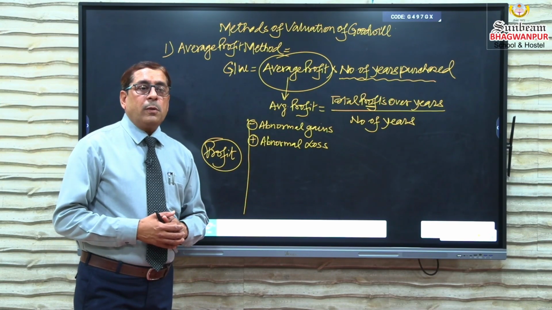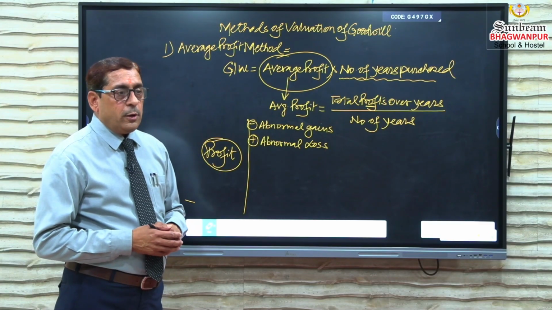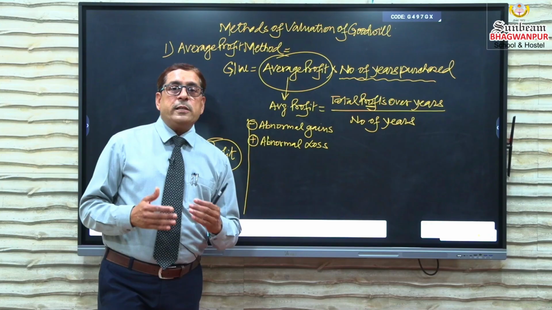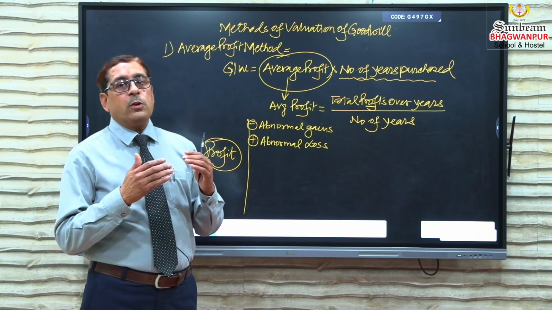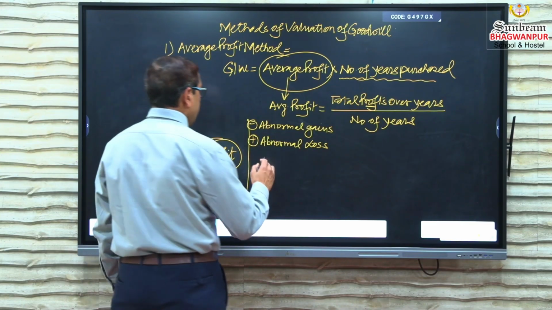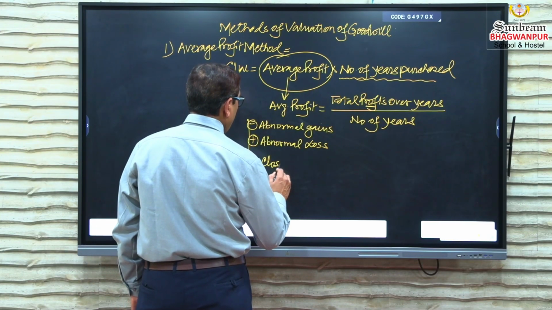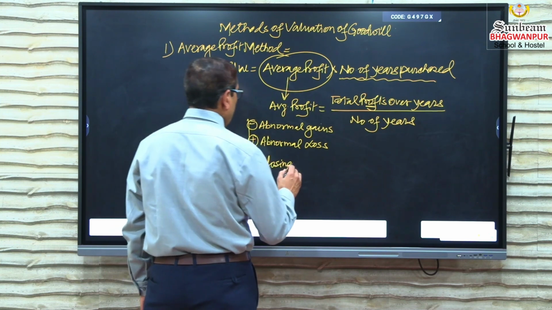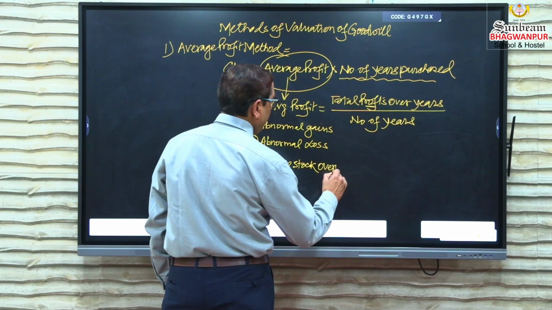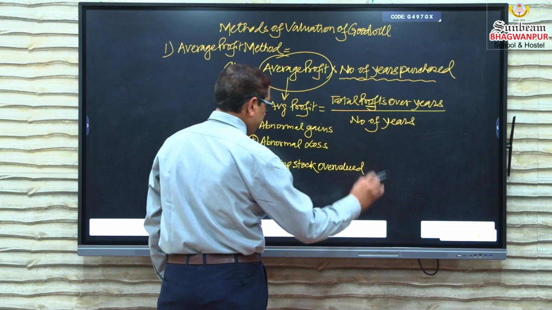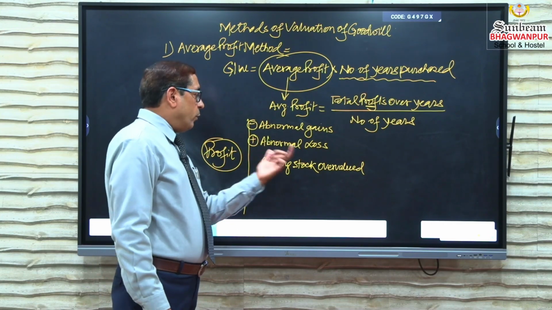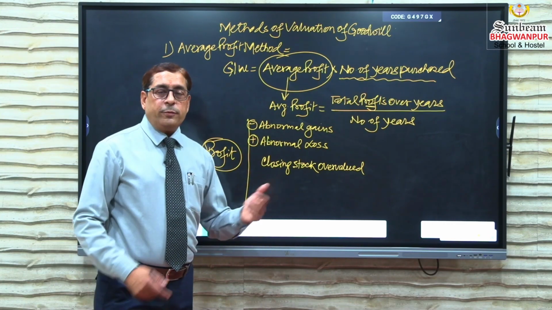Few more informations you may get in the question, like the closing stock overvalued or the closing stock of a particular year that was undervalued. Then what to do? Take one case, closing stock overvalued. First, find out the impact of this overvaluation of closing stock on the profit.